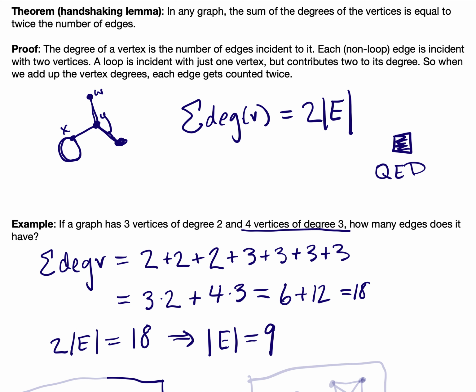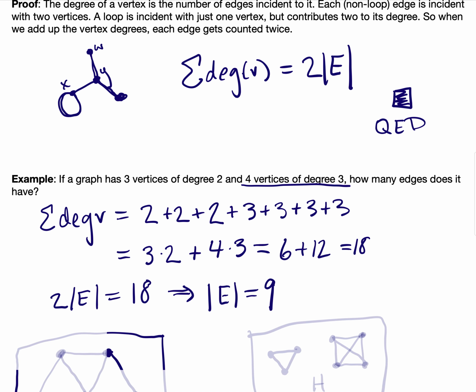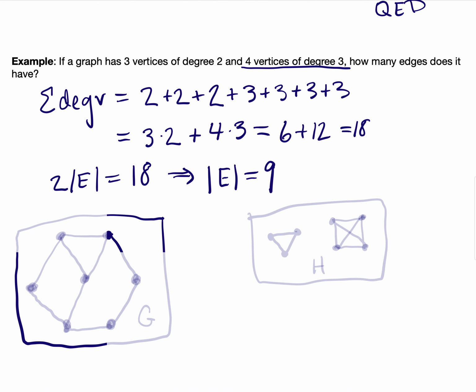If we wish, we could verify that by drawing some graph with 3 vertices of degree 2 and 4 vertices of degree 3. There's different graphs you could draw. One would be this graph. So we could do 1, 2, 3, 4, 5, 6 vertices and make a cycle around them.